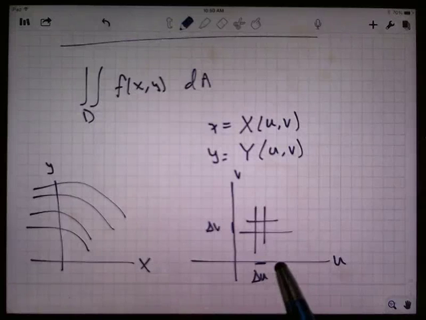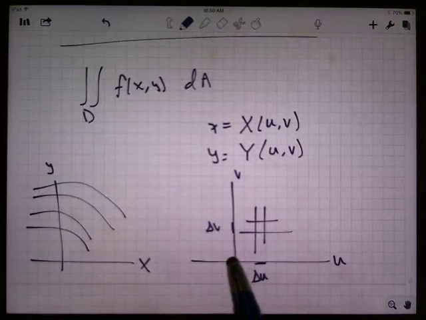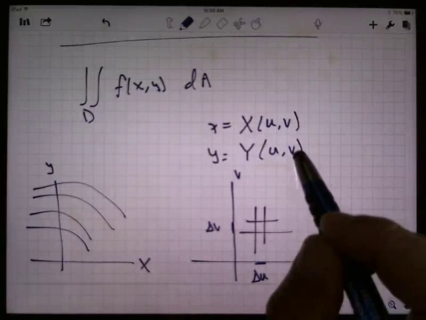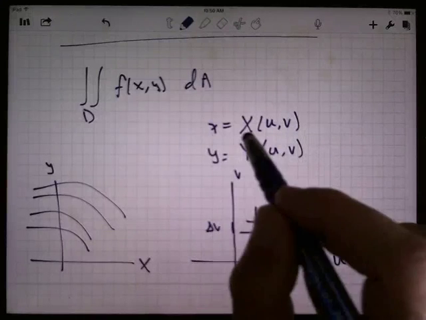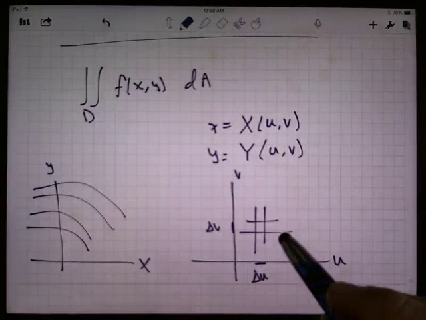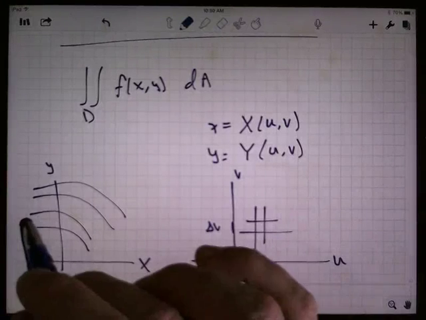If you pick a constant value of V and you let U change, if V is a constant, you're going to have X as a function of U and Y as a function of U. That's a set of parametric curves. For each value of V, you've got some curve.